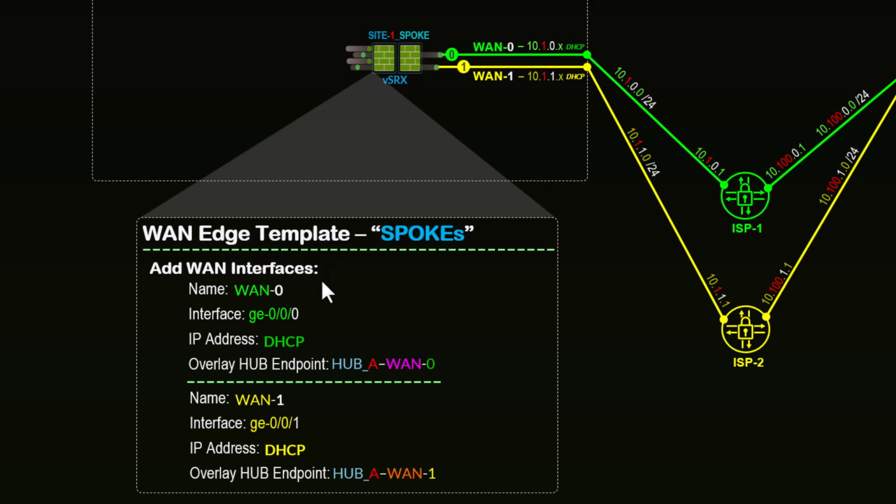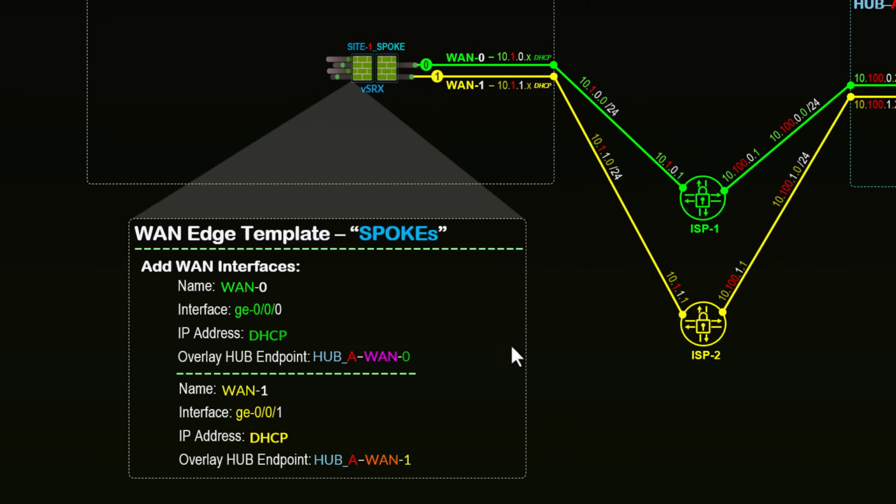So very similar here. 1.0 is going to be G00 and 1.1 is going to be G001. And the only difference is for spokes, as I've mentioned, it's going to be DHCP, because these ISP1 and ISP2 routers in my lab are also DHCP servers. So they will be handing out IPs for all my spokes in the lab.